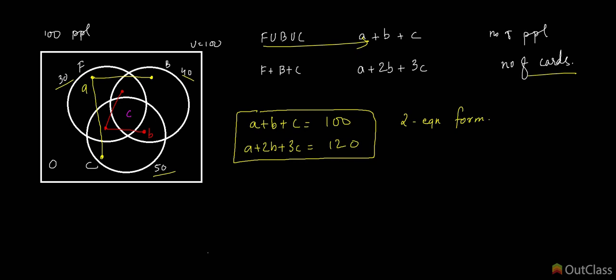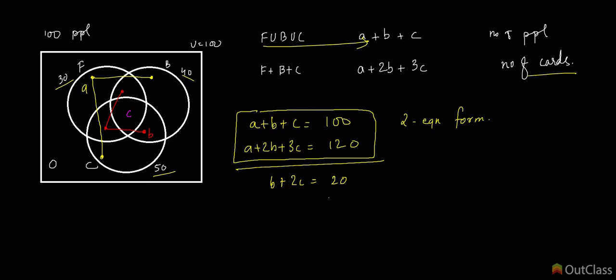And to give you examples of things that can be found, if the question says what is the maximum number of people who could be playing all three sports, you would simply subtract these two equations and say B plus 2C is equal to 20. We know that A and B and C represent numbers of people, and they should be whole numbers.